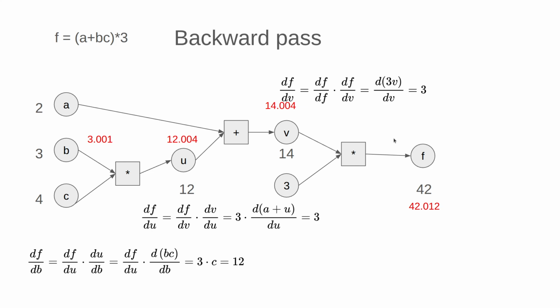Since when we want to decide the df of du, we need to decide the value of df of dv first. Okay, so we need to do the df of dv before the df of du. And then again, the same thing, if we want to calculate the df of db here, we need to have the value of df of du first. So this needs to be done before b.